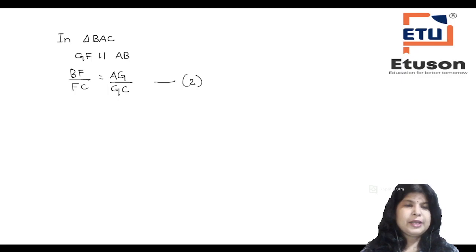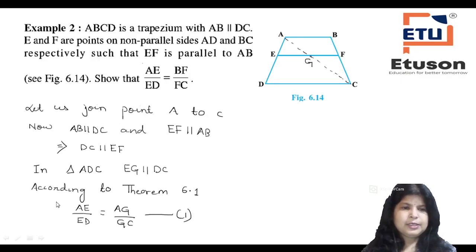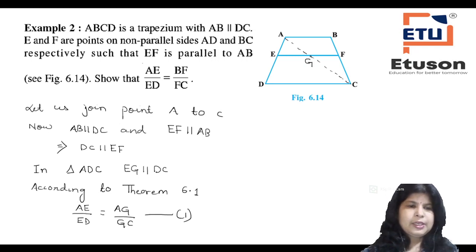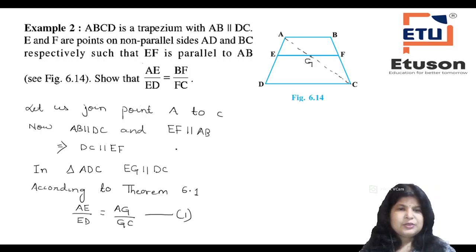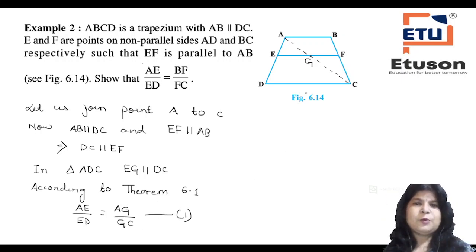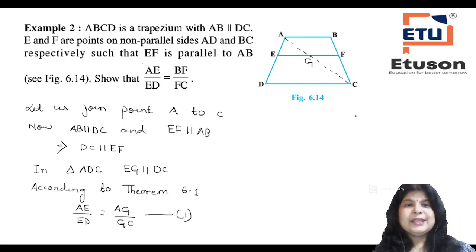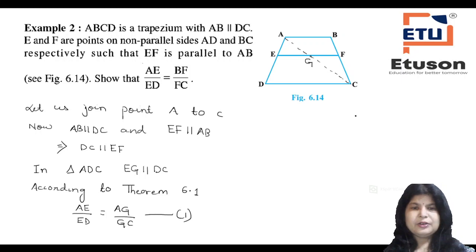Now, you compare equation 1 and 2. What was there in equation 1? You have AE by ED is equal to AG by GC, right? And in equation 2, you have BF by FC is equal to AG by GC. So, AG by GC is equal to both AE by ED and BF by FC respectively. Correct or not?